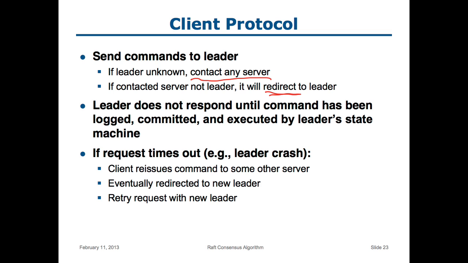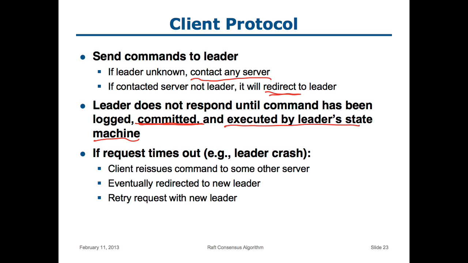So that's easy. As I have mentioned before, the leader does not respond to the client until the command has been logged, and most importantly, committed, so we know it's on a majority of the servers' disks, and then executed by the leader's state machine. So at that point, the leader returns the result back to the client. The only tricky thing in here is what happens if the leader crashes or if the request otherwise times out.